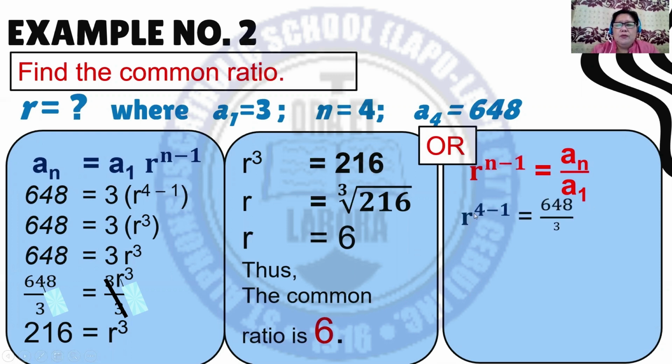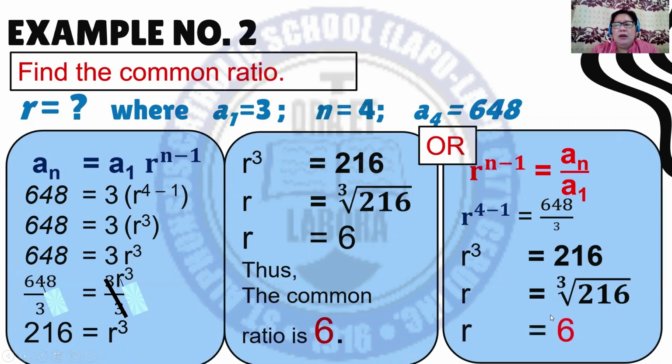Then, n is 4 minus 1, and a sub n, which is a sub 4, is 648 over 3, and 4 minus 1 is 3, so r cubed is equal to 648 over 3, which is 216. Extract the cube root, then the cube root of 216 is equal to 6. There, you will have the same answer.